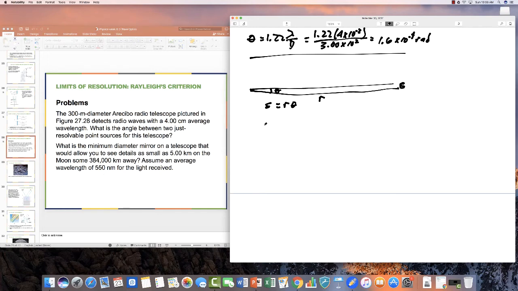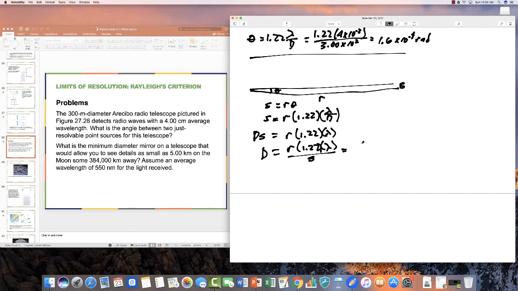So if we start with this formula right here, then S is going to equal R, and then theta is going to equal 1.22 times lambda over D. Now we're trying to find D here, so we have to solve this equation for D. So you multiply both sides by D. You get R times 1.22 times lambda, and then D is going to equal R times 1.22 times lambda divided by S.